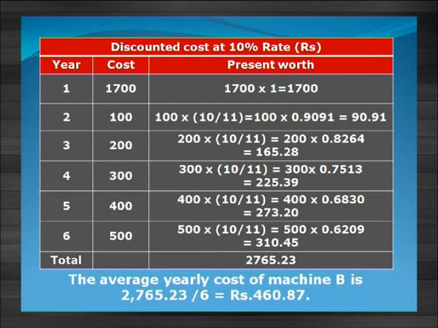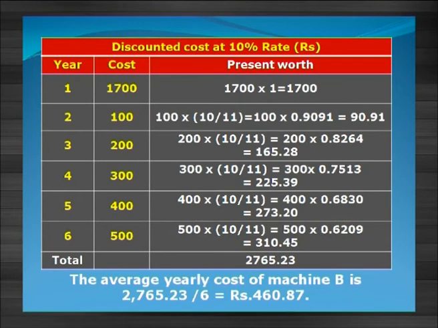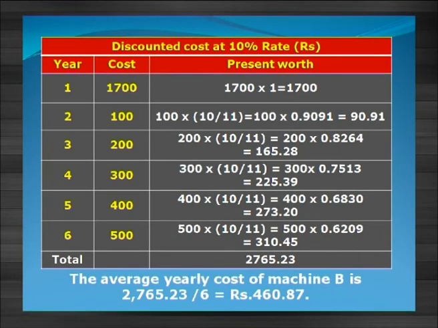Table 2 represents the discounted cost of machine B to calculate the average yearly cost for a period of 6 years, as this machine is replaced once in 6 years. In this table, the first column represents the time period of 6 years, the second column represents the cost, and the third column represents the present worth calculated taking into account the discount cost of 10%, dividing by 10 plus 1, that is 11, to the power of n, that is the time period.